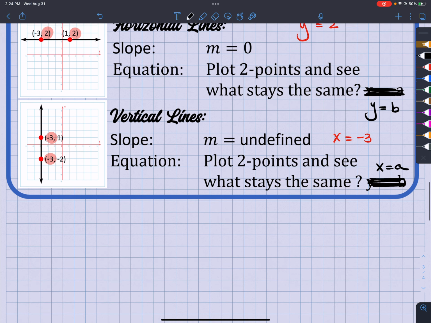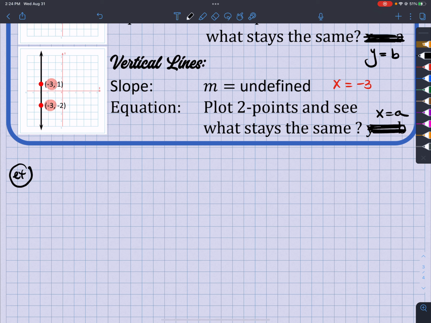Let's do an example, putting all these things together.